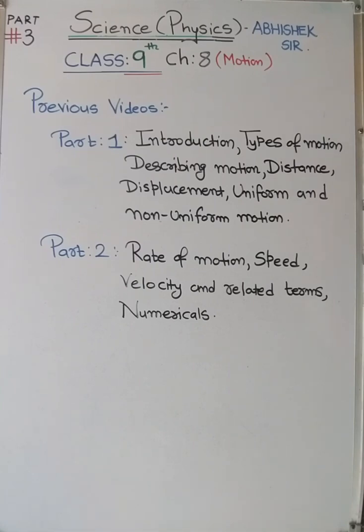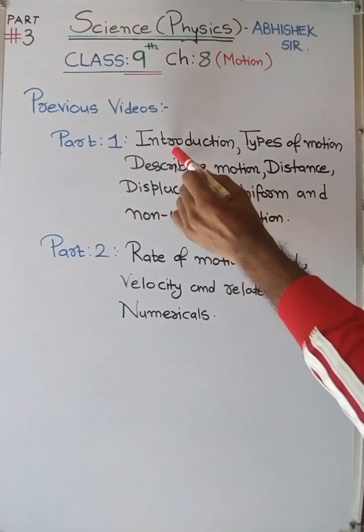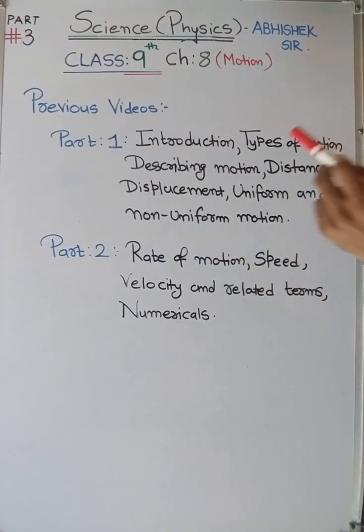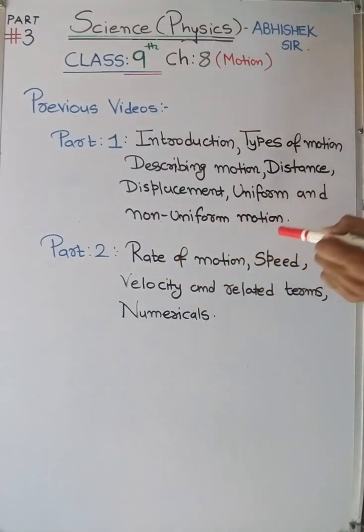Before we start with the third video, let us see which topics we have studied in the first two videos. In the part 1 video, we dealt with introduction, types of motion, describing motion, distance, displacement, uniform and non-uniform motion. So that was our first video, the introduction video, where we discussed the basic concepts.